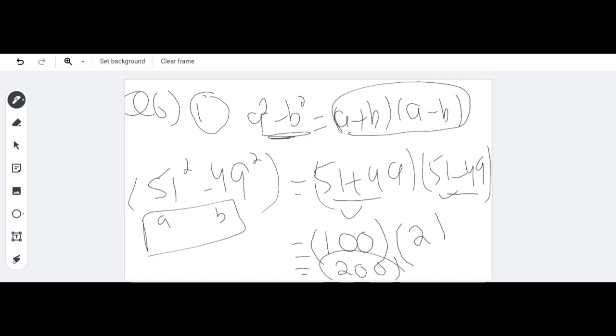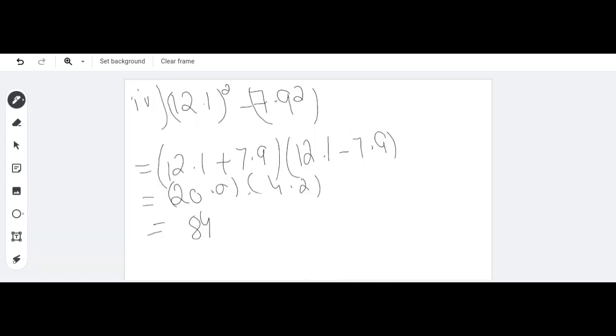This is the sixth. This is the first part. Done? 51. No, I did it, but then I did it wrong. Can you do it for yourself again? You just have to do the addition and subtraction between 51 and 49. You can solve this on your own. Give me 2 minutes. Okay, I will solve it.